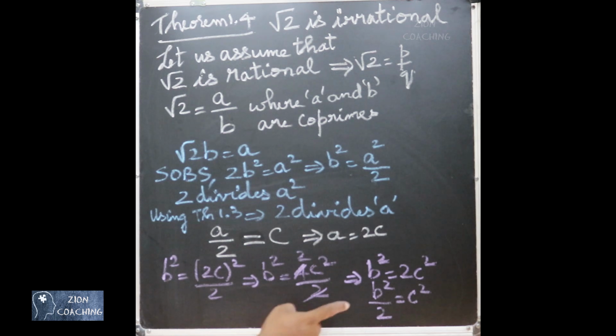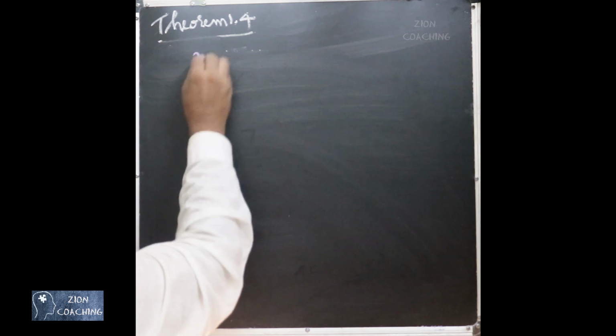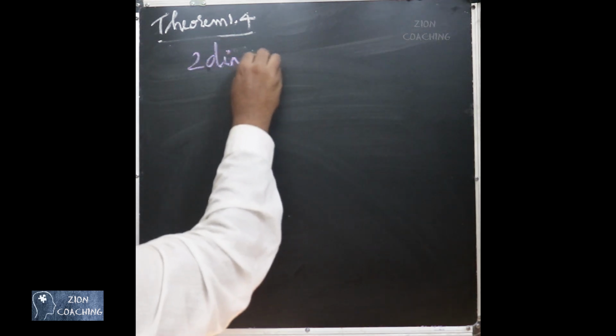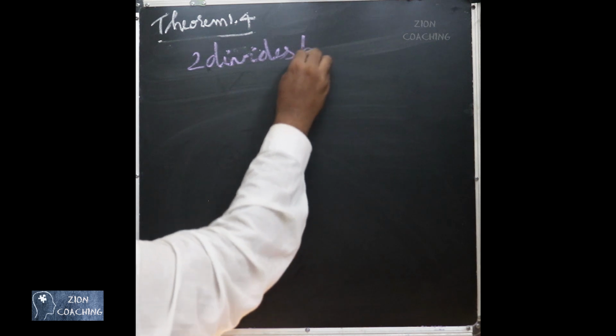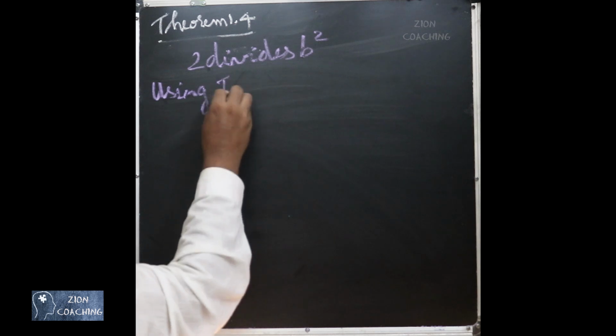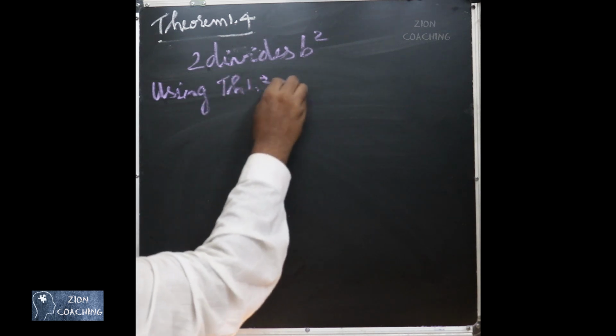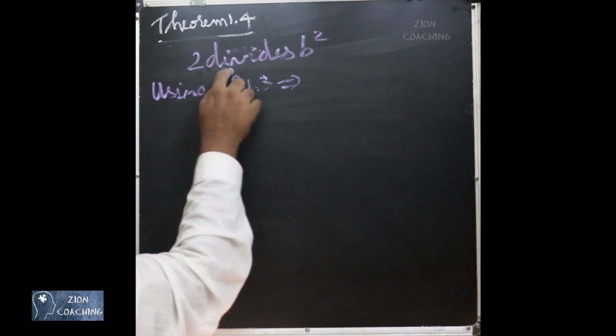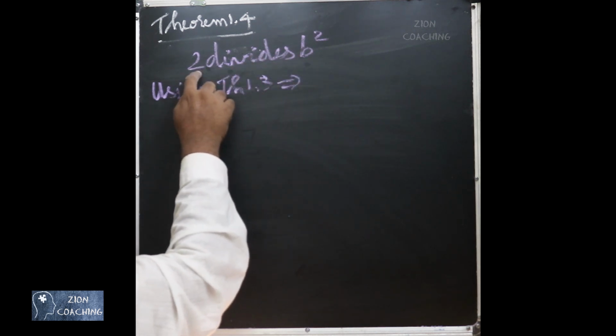This step shows that 2 divides b squared. Now using that theorem 1.3, we can say that if a prime number divides b squared, then that prime number will divide b.